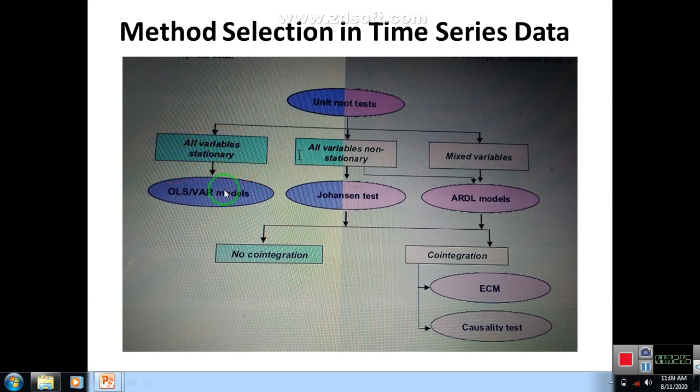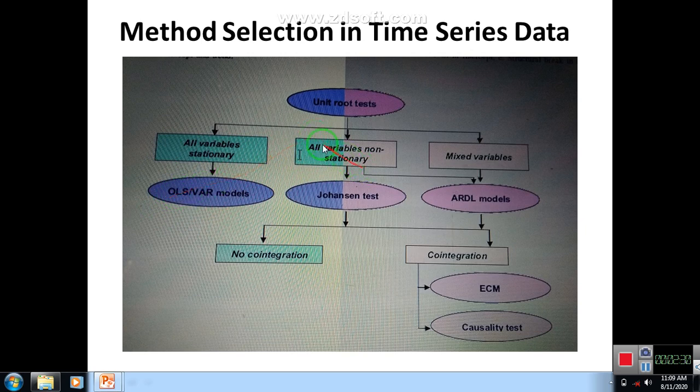And if the unit root test results indicate that all the variables are non-stationary, then we cannot apply the OLS or VAR model.